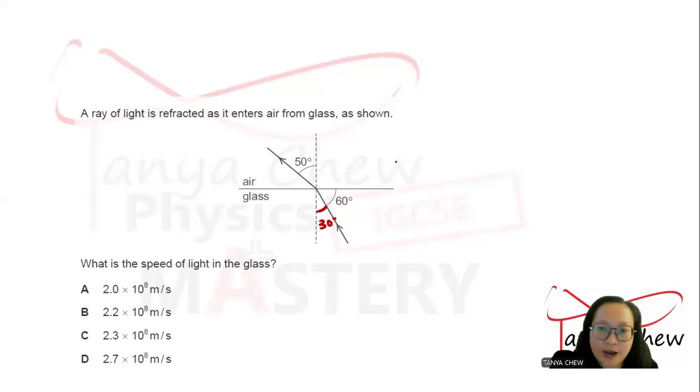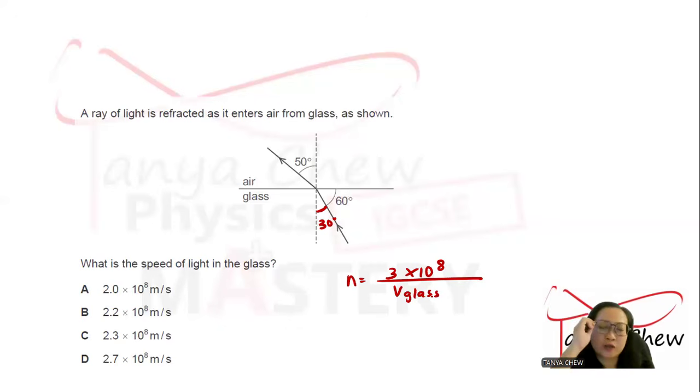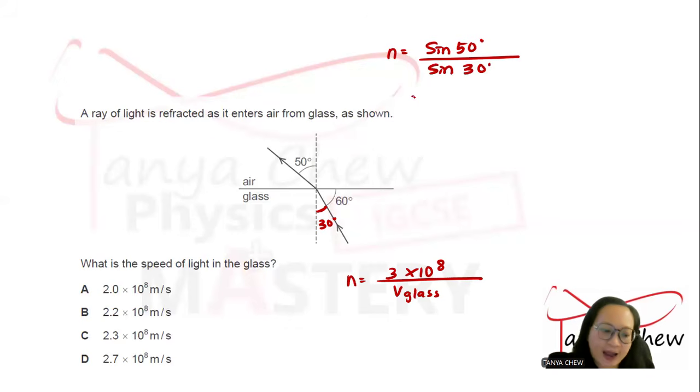I need to find the speed of light. Refractive index is equal to 3 times 10 to the power 8 in air over the speed of light in glass. I have two unknowns, so from the angles given, I can find my refractive index. n is equal to sin 50, take the larger number, divided by sin 30 degrees. Get a value for your refractive index.